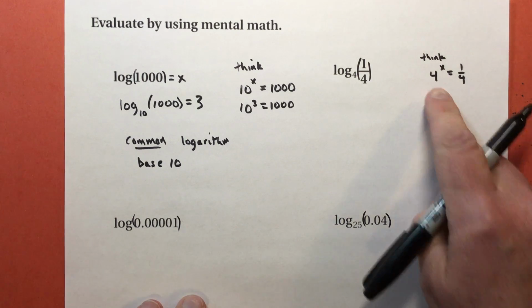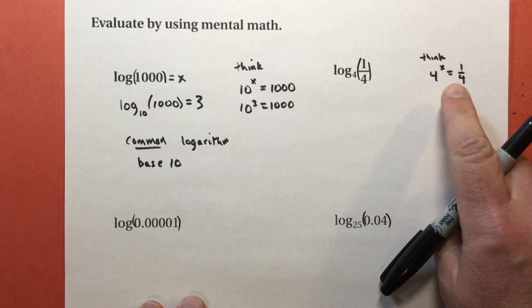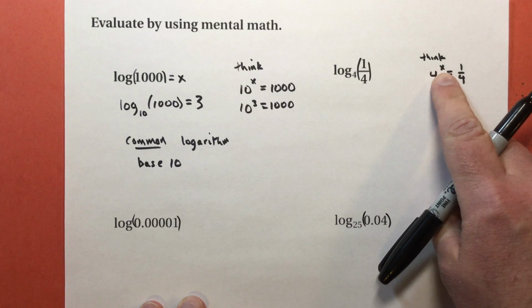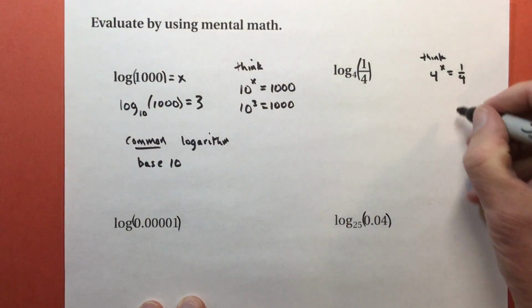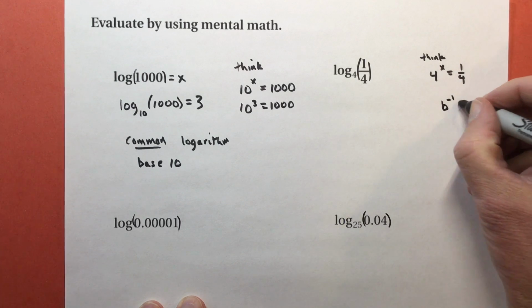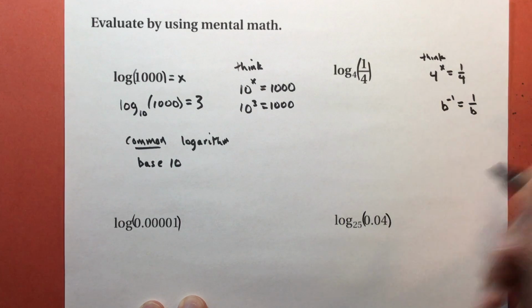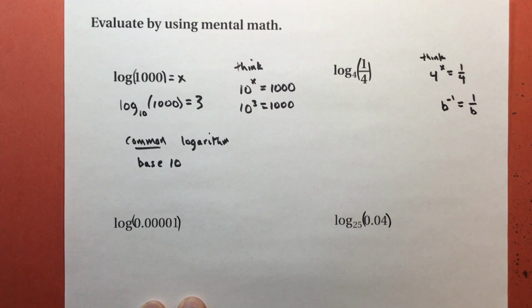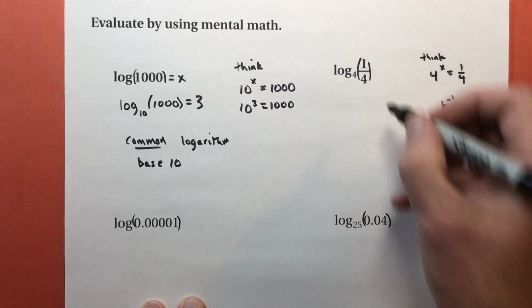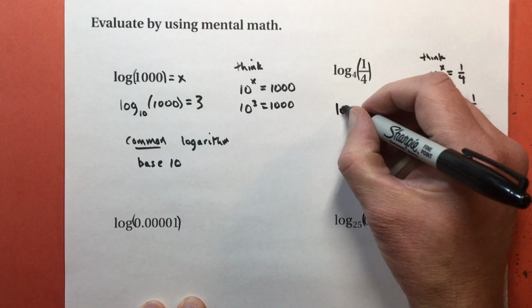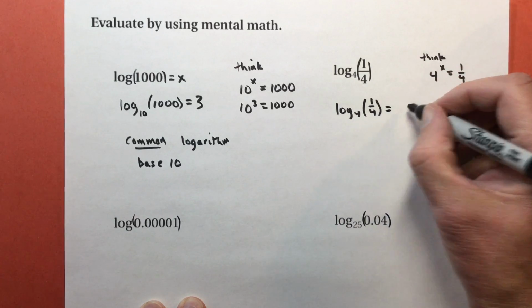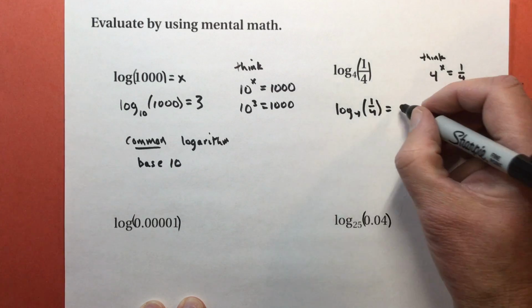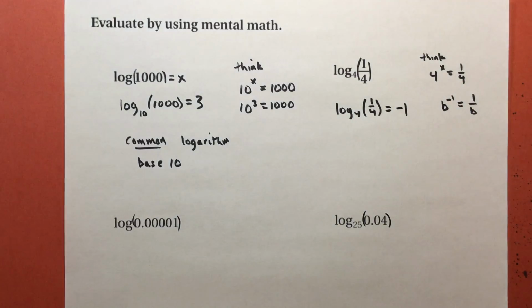This we've talked about a lot. Any number to the -1 power is the reciprocal of that number. And we've seen this before. B to the -1 power equals 1 over B, as long as B is not 0, because you can't divide by 0. So this is just log base 4 of 1/4. The exponent, the logarithm is the exponent, is just -1. That's all that's saying.